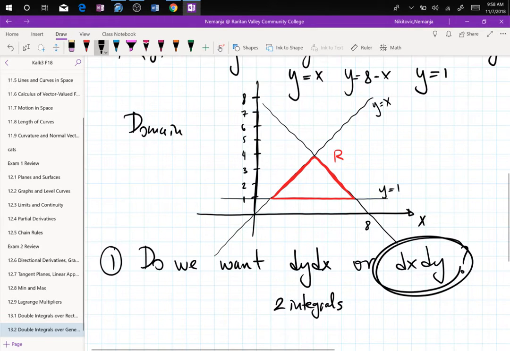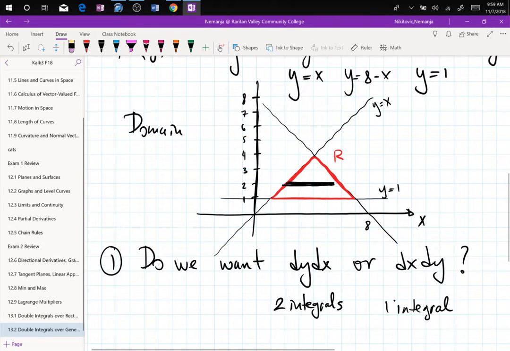How about this one? Let me draw dy. Now dy is going to swipe up. Do you see that the sides are always writing the same functions? Now that one is 1 integral. This is the type of analysis that you get when you have the picture, when you have a clear understanding of what your domain looks like, right?